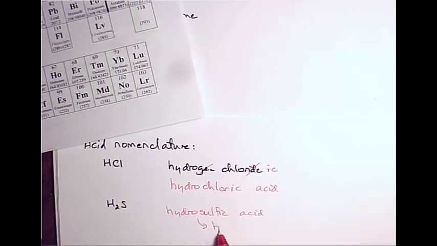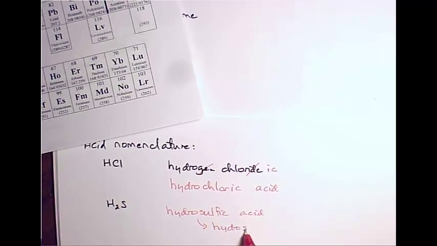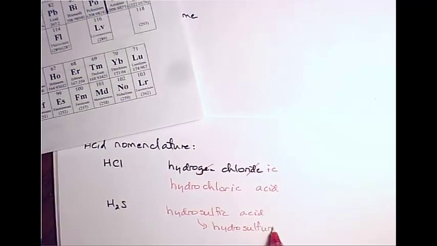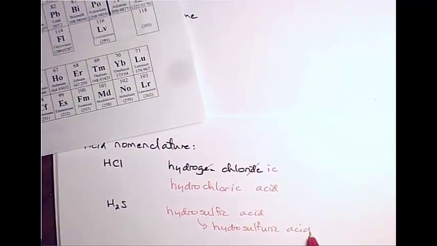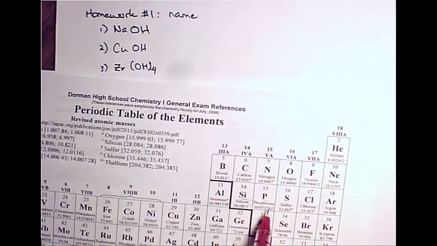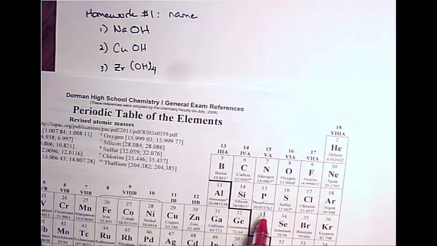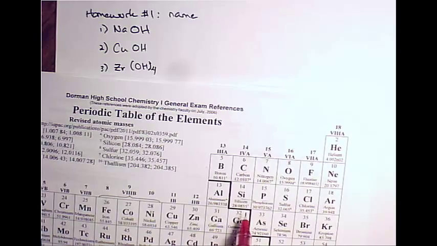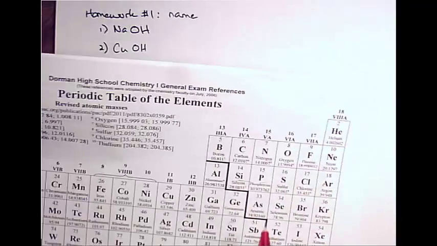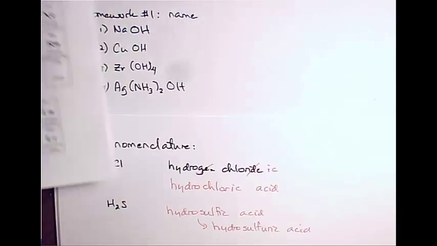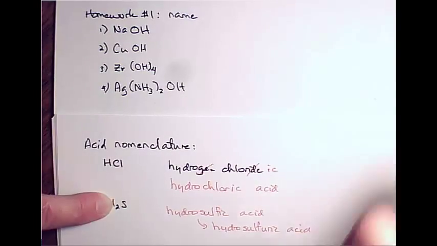So we're actually going to call this hydrosulfuric acid, okay? If I had a phosphorus, which became a phosphide, then we put that OR back on there. So phosphoric instead of phosphate, okay? But those are the only ones we do that with, just because it kind of sounds better. I guess that's why we do it, okay?